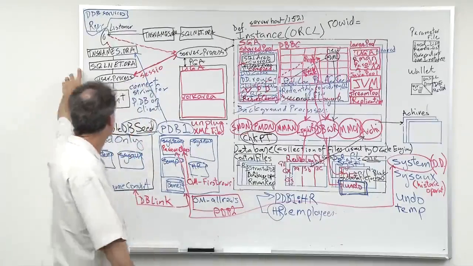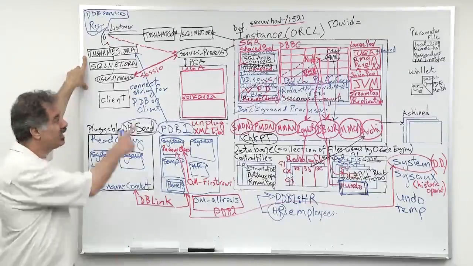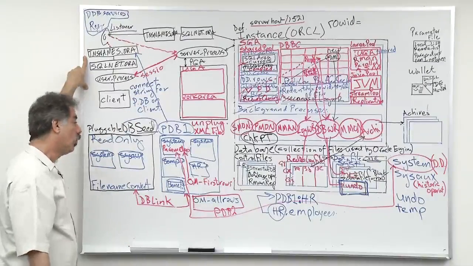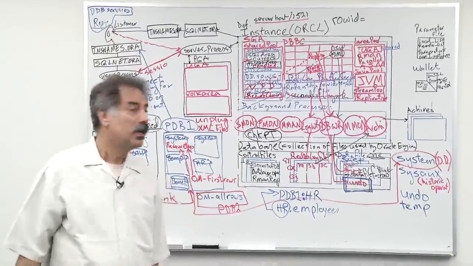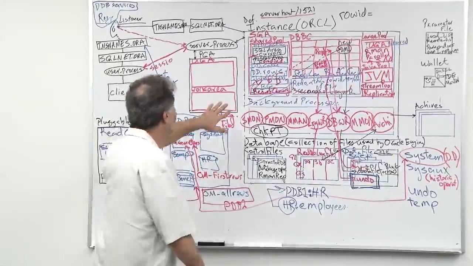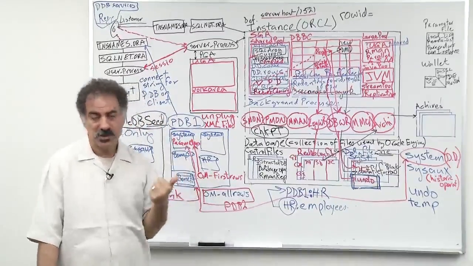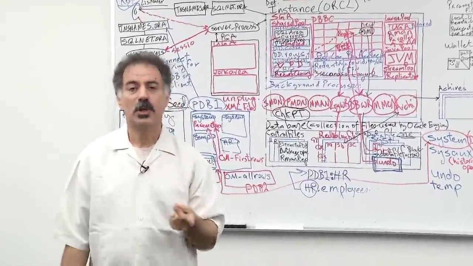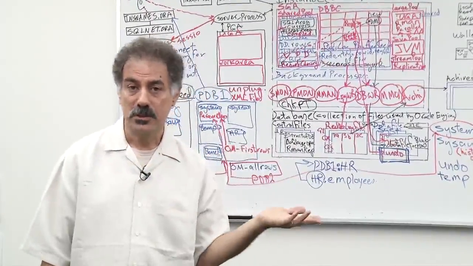So when I go set up my TNS strings, I can point applications to independent instances, or I can have application load balance, okay, for the pluggable database for the multiple instances in RAC. So if this is a RAC container database, a pluggable database could be associated to one instance or many instances.